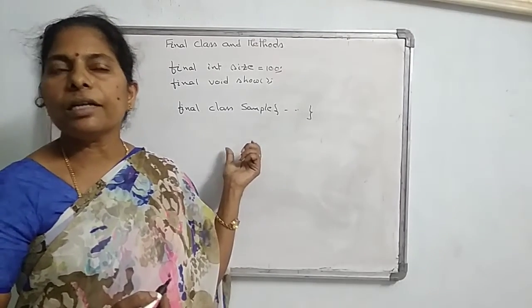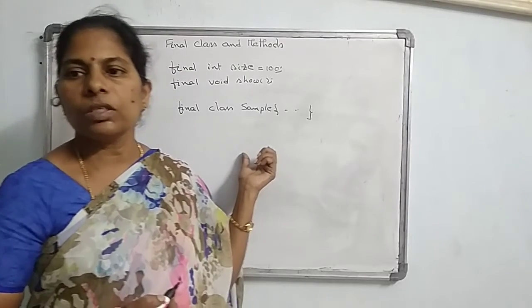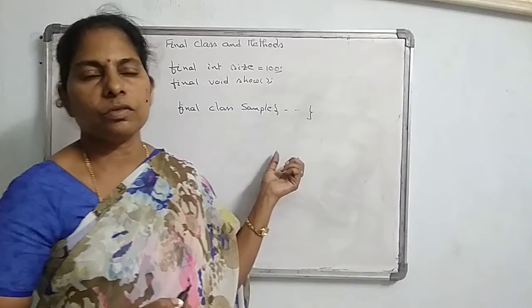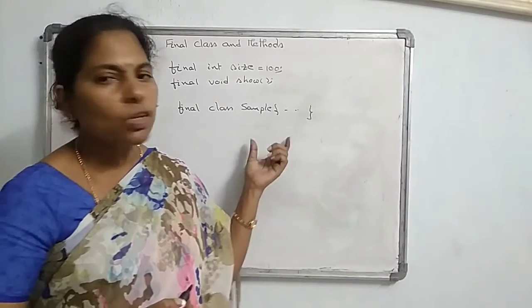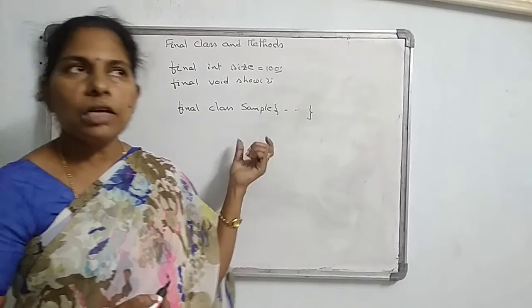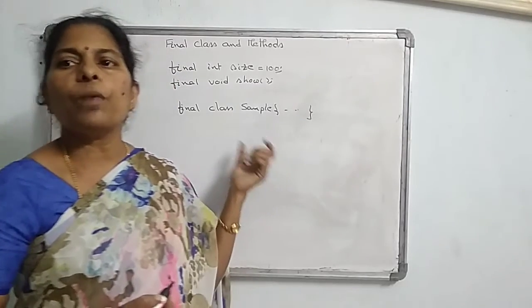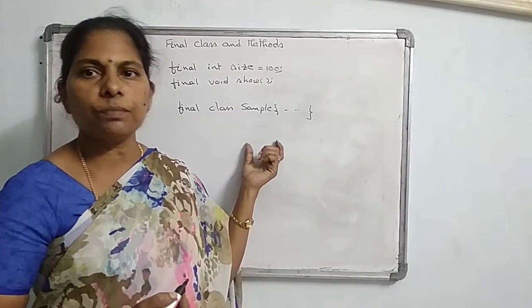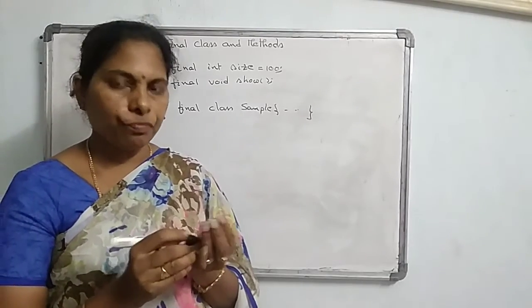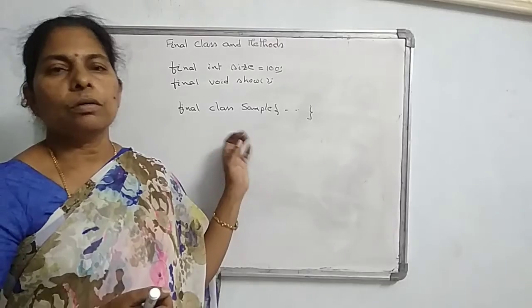If you declare a class as final, it will prevent any unauthorized extension of the class. That means you cannot extend the class using the keyword. It also allows the compiler to perform some optimization when a method of a final class is invoked.